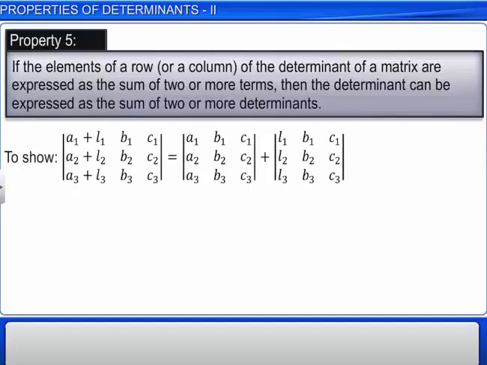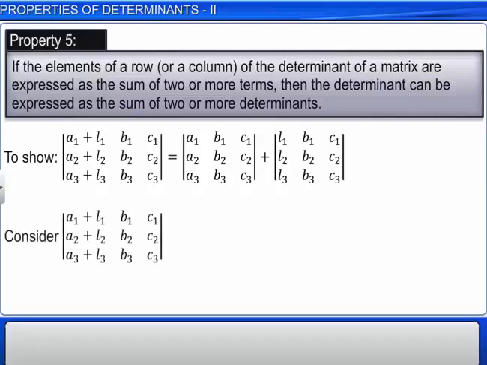Suppose the elements in the first column of a determinant are expressed as the sum of two terms. Let's show the determinant can be expressed as the sum of two determinants. Consider the left-hand side.